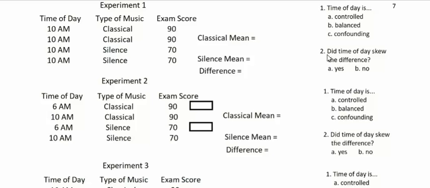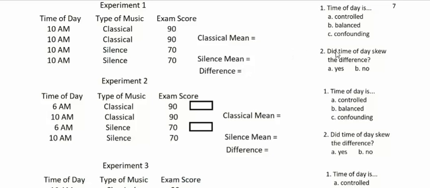And then in question 2, tell me if time of day ended up skewing the difference between the 2 group means. This is just asking, did the variable of time of day cause this difference to be either exaggerated or inflated, or reduced and made smaller than it would otherwise be?